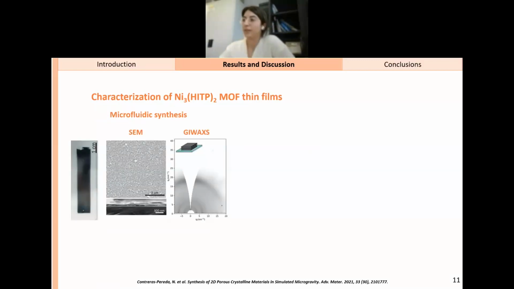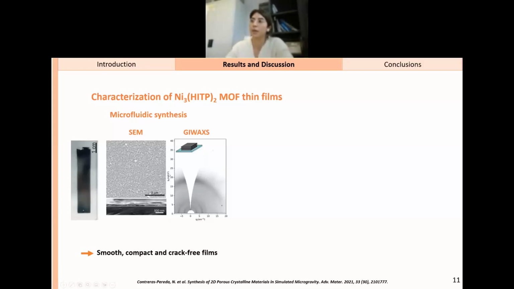So after showing these results from the paper, they characterized this MOF film with SEM. This is an image of the formed film. They characterized the film with SEM and GIWAXS, and showed that they could generate smooth, compact, and crack-free films.